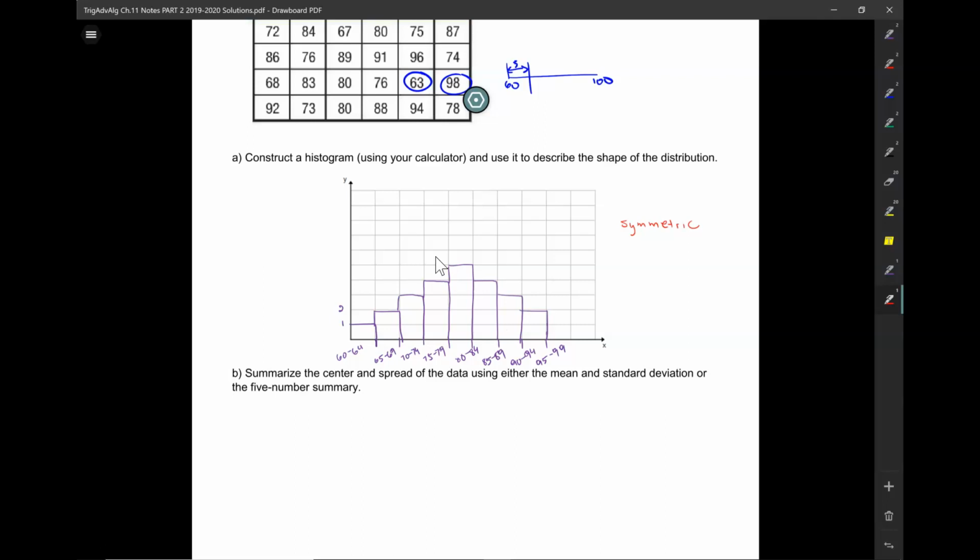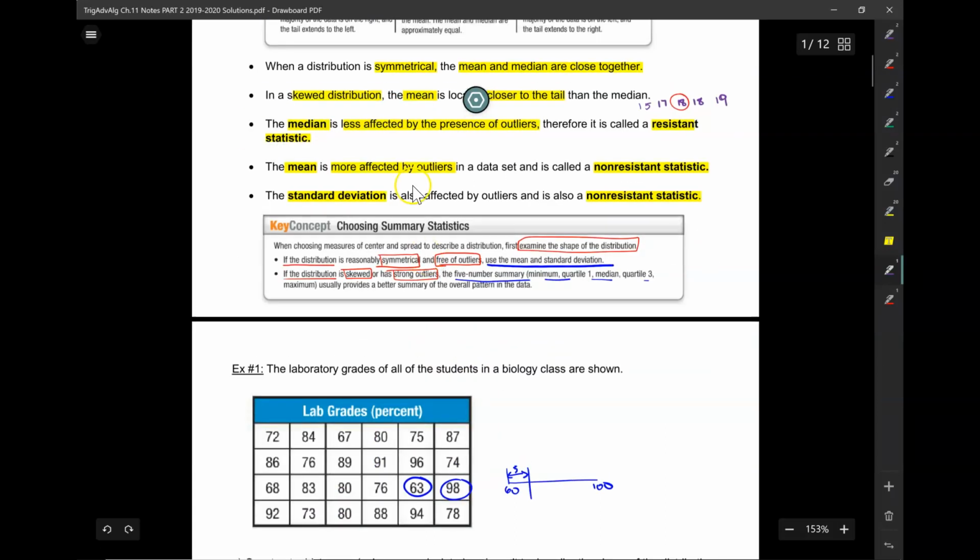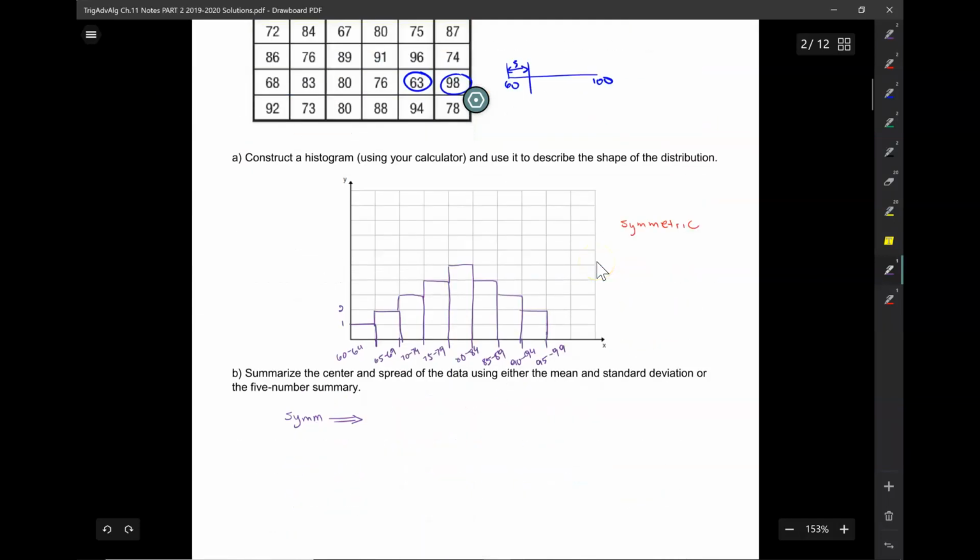So basically it's saying, what are you going to use to describe this? Because this is symmetric, we use the mean and the standard deviation.